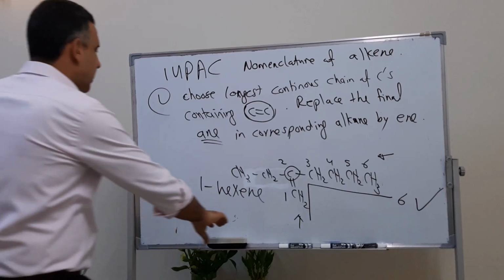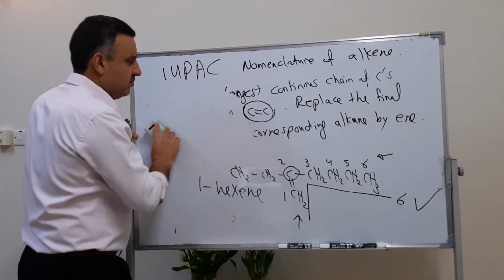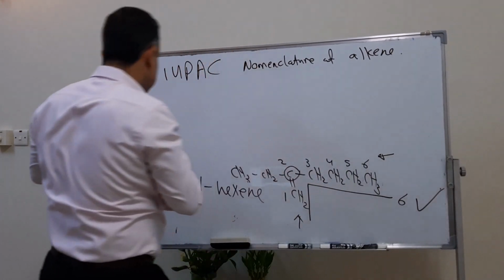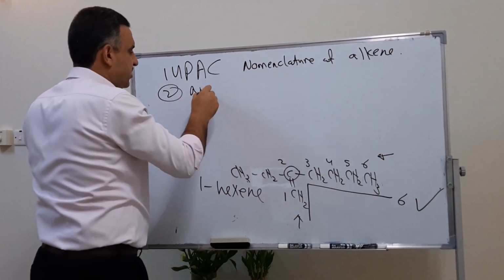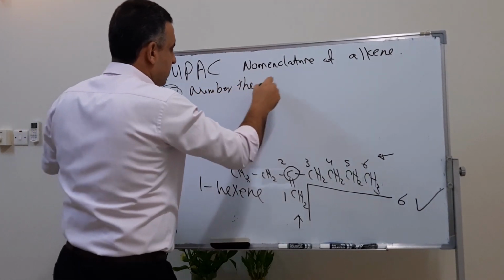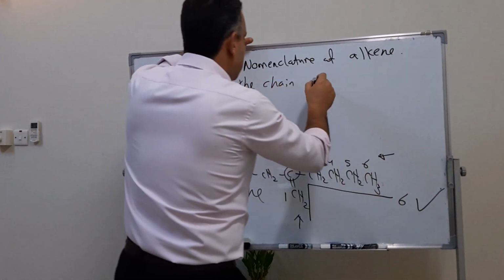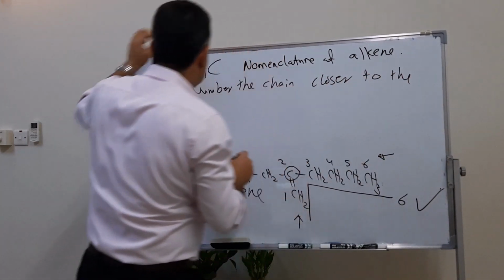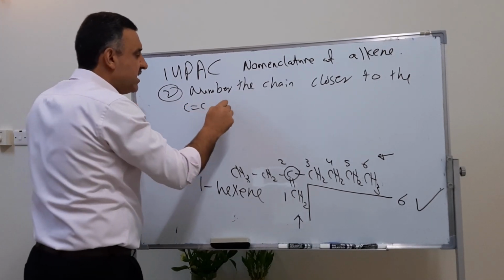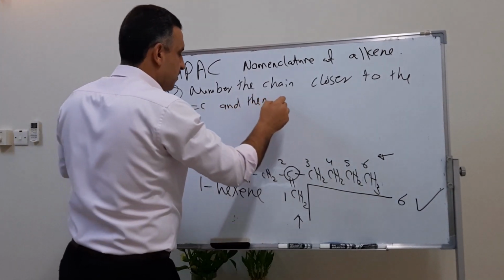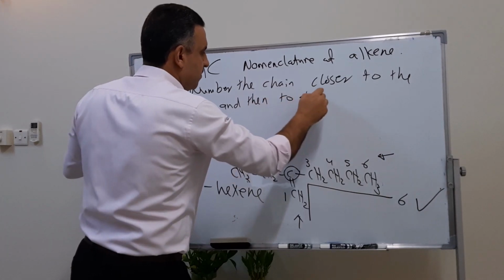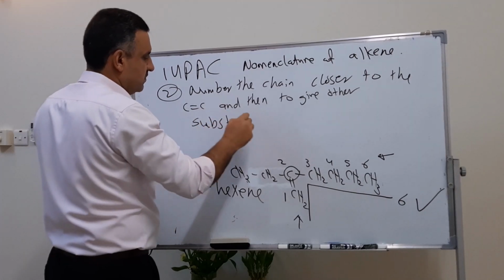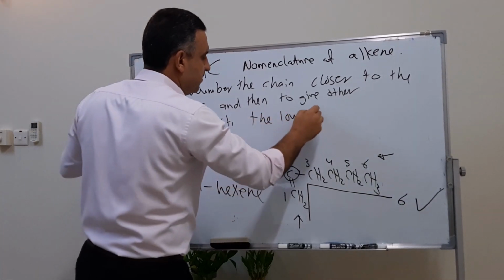So I may write these rules, if you wish. Number the chain closer to the carbon double bond carbon, and then give other substituents the lowest possible number by the rule.